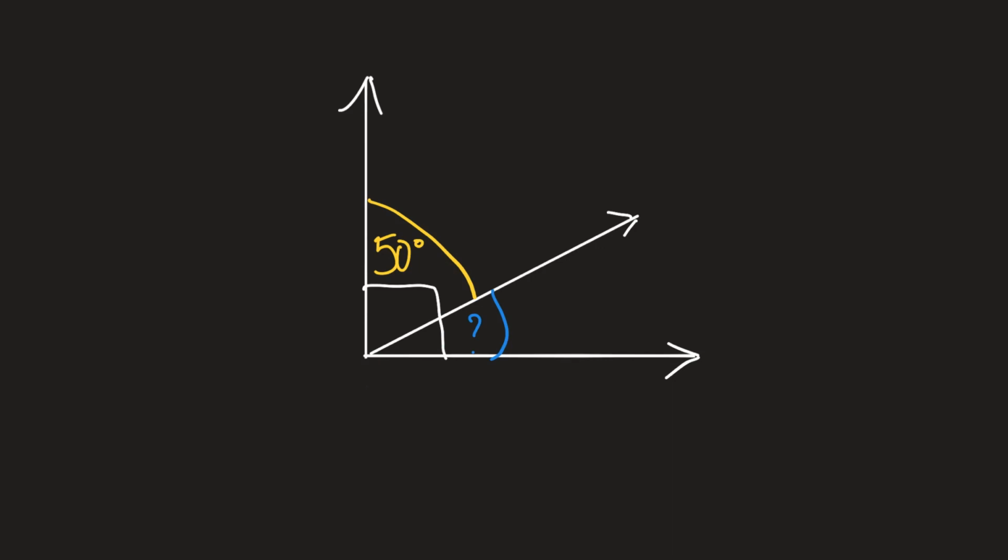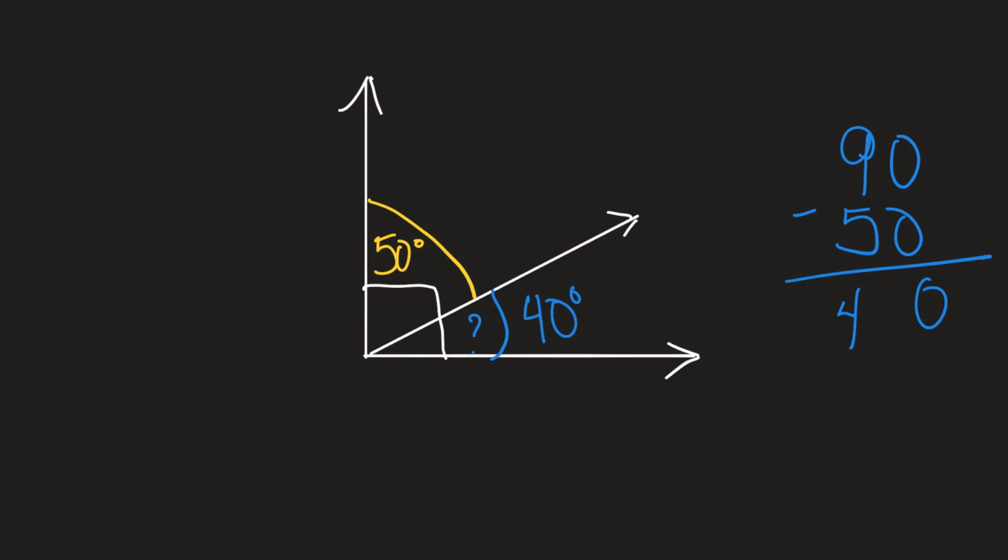So to figure it out, we're going to have to subtract to find the difference. So we will do 90 minus 50. 0 minus 0 is 0. 9 minus 5 is going to be 4. So that means that this angle right here is going to be 40 degrees.